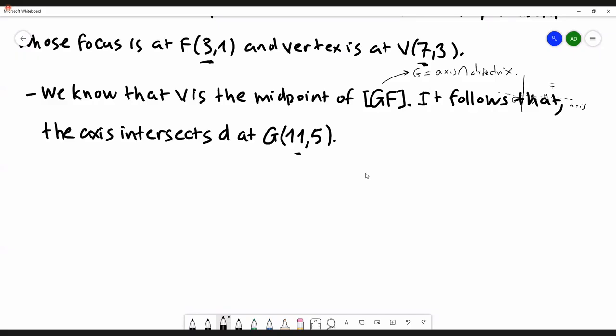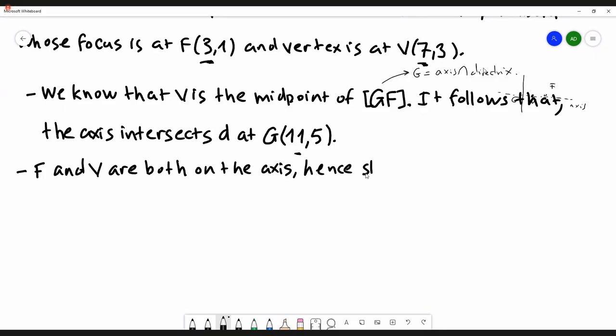Now, if we can find the slope of the directrix, then we can write its equation immediately in the plane. On the other hand, we know that F and V are both on the axis. The slope of a line is equal to the ratio of differences of second coordinates to first coordinates of any 2 points on it.